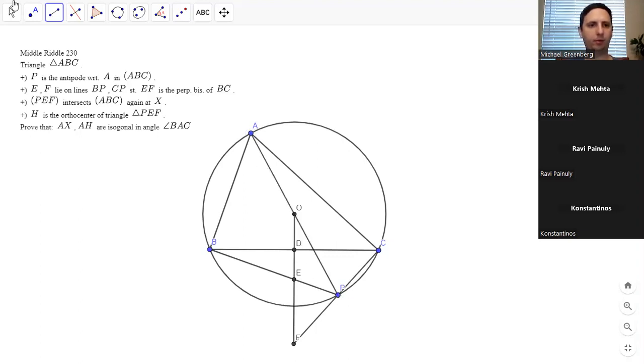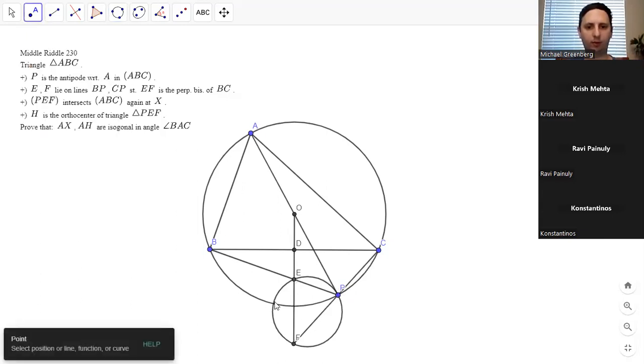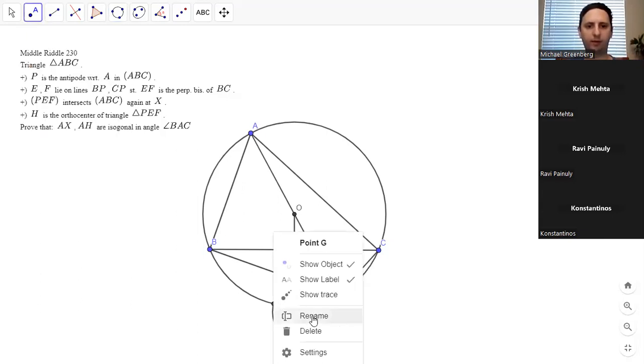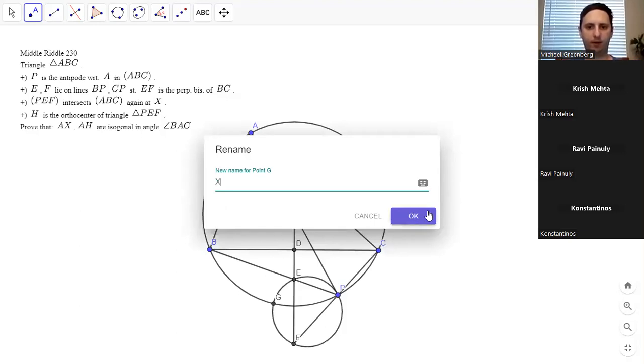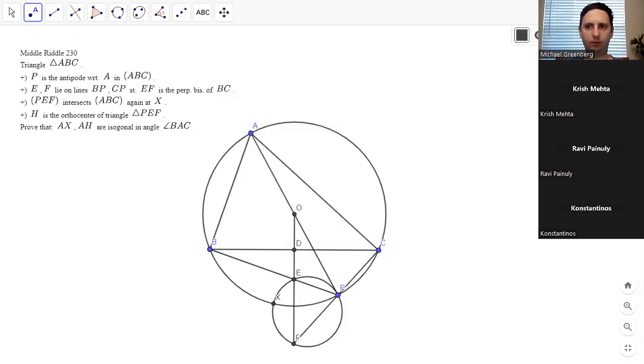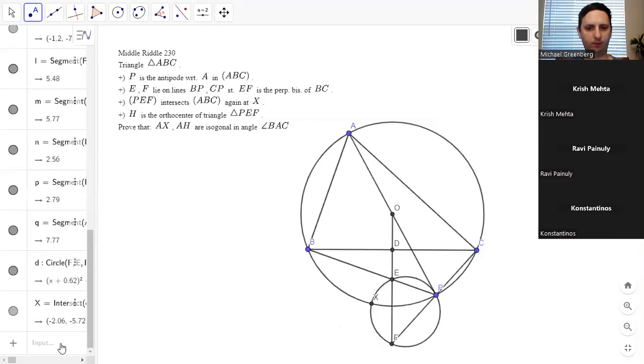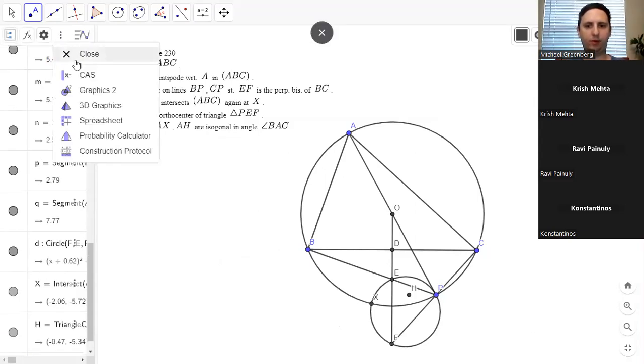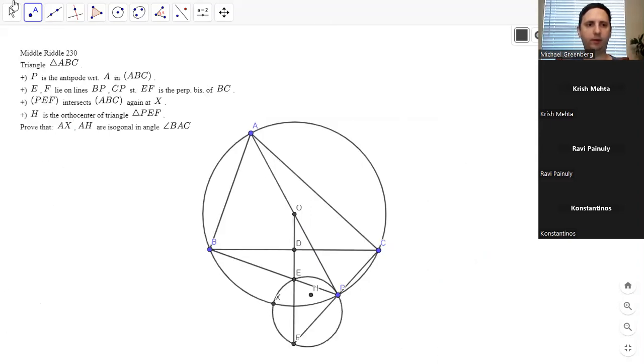And we draw the circumcircle of PEF and it intersects the circle at X. And then we draw the orthocenter of PEF. And we want to show 2 things are isogonal. So let's draw the orthocenter. All right, so this is it. So basically we want to show angle BAX is equal to angle CAH.